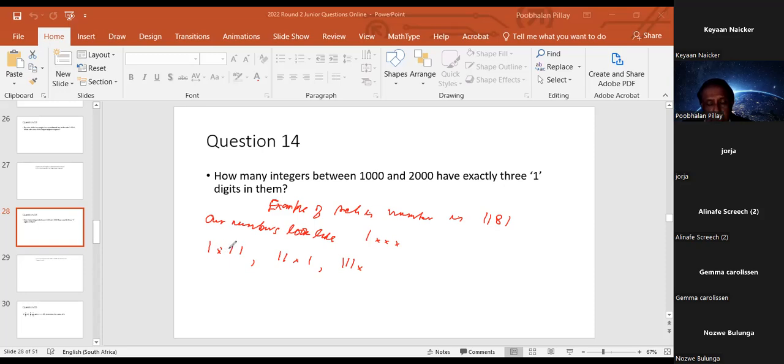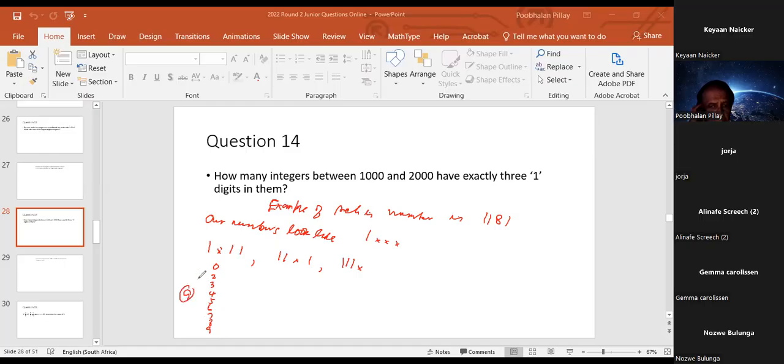It's 1 blank 1 1. There are quite a few possibilities for this, but 1 is not one of them. So you can put 0, or 2, or 3, or 4, or 5, or 6, or 7, or 8, or 9. You can put any one of these. How many have we got here? You've got 10 digits, but the 1 is missing.